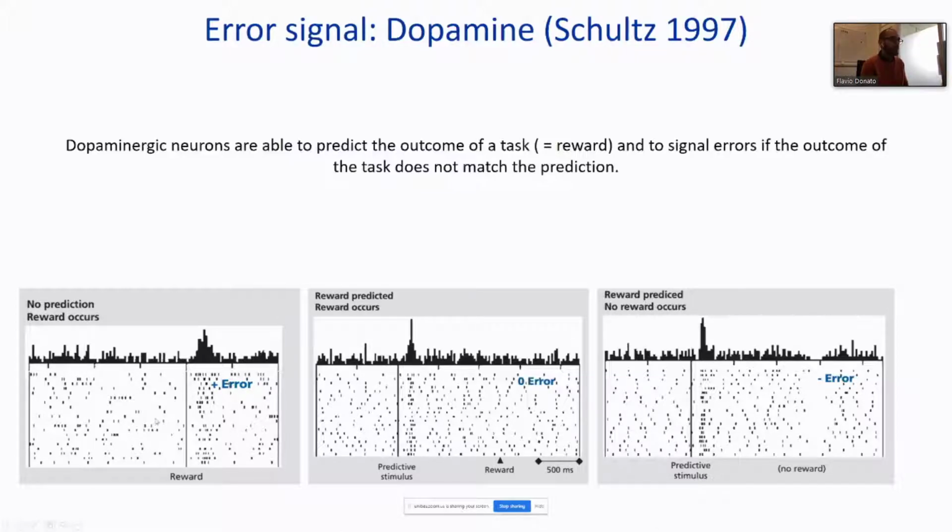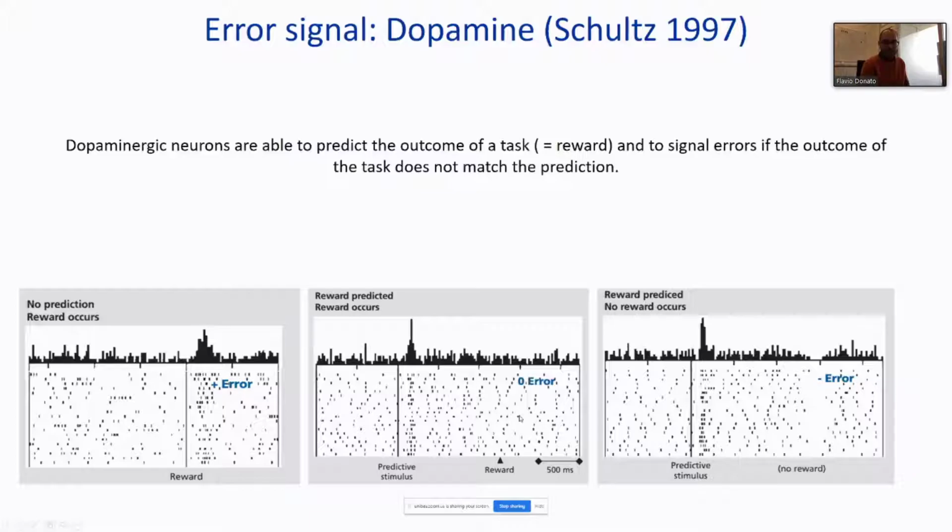At the beginning of learning, the animal does not know that the predictive stimulus is going to predict a reward after a certain latency. When the animal finds the reward, it's surprised. There is an error. It wasn't expecting a reward, but it's getting one. So the firing rate of this dopaminergic neuron will increase and you see a bump.